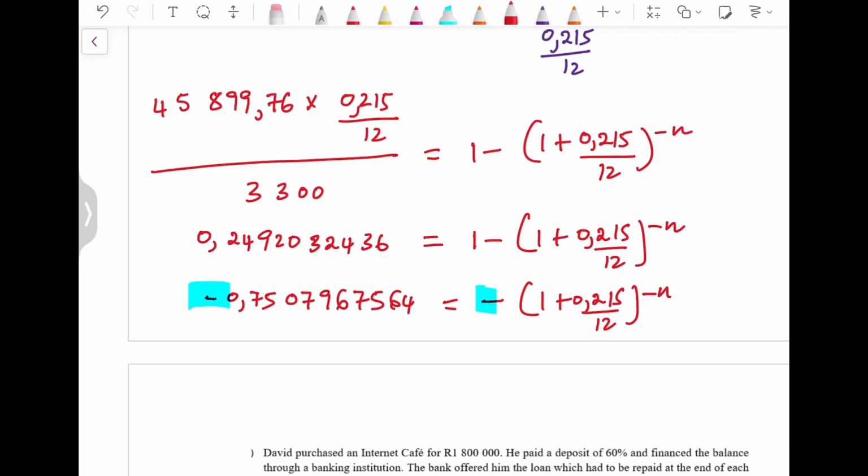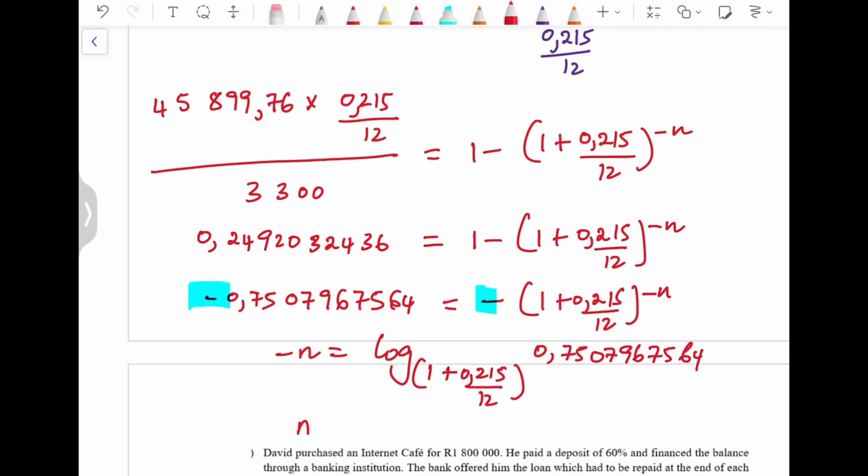And to find n, I will say negative n is equal to log base 1 plus 0,215 over 12 of the number 0,75079675 64. Again I get negative on both sides, so I will divide by negative.